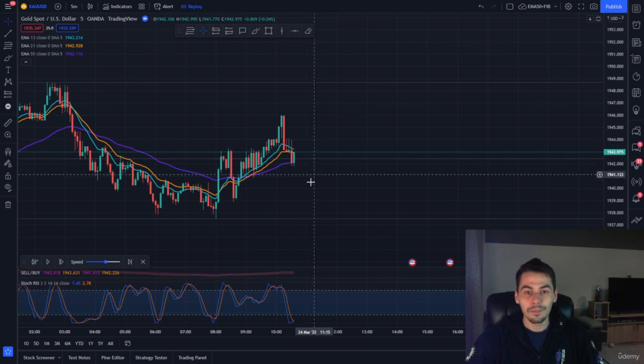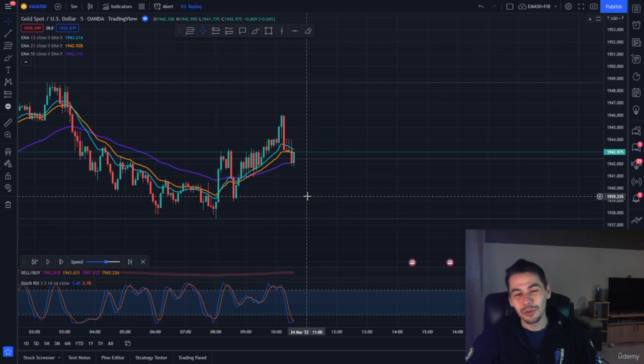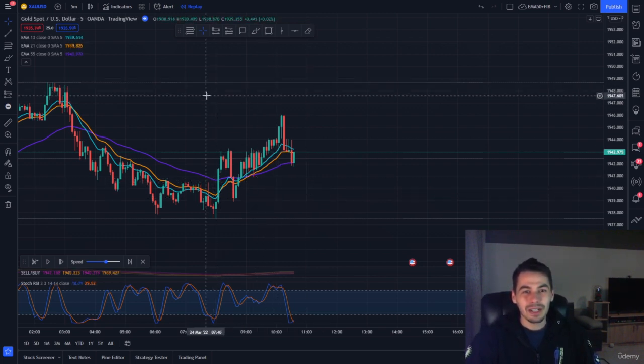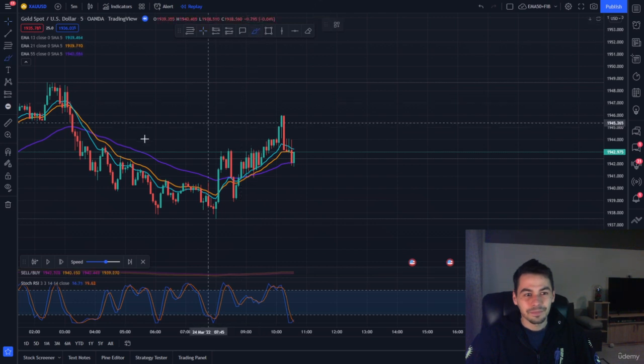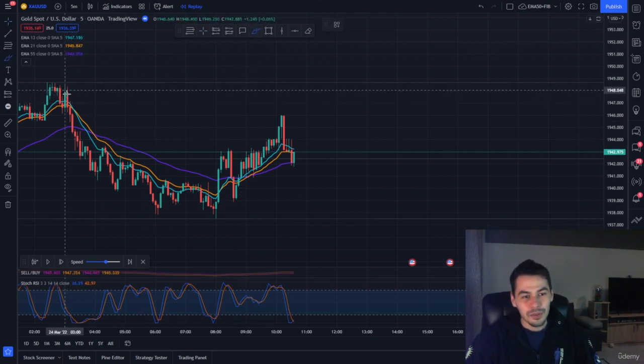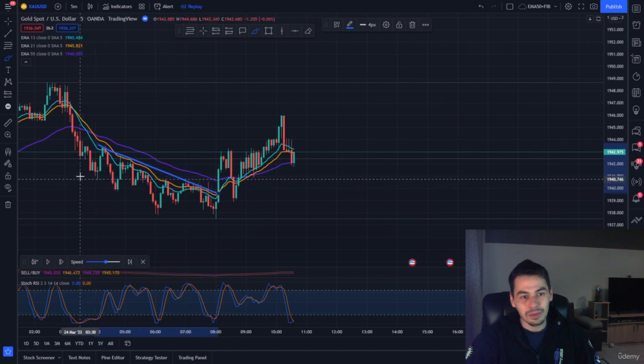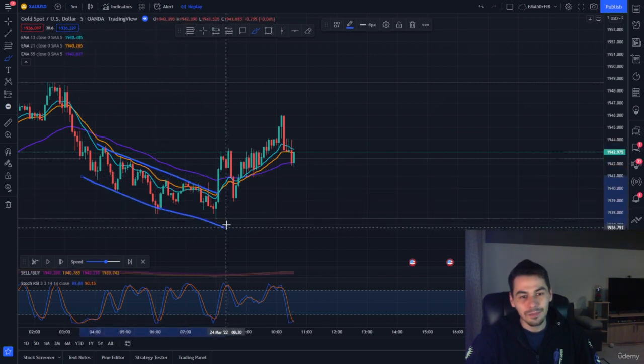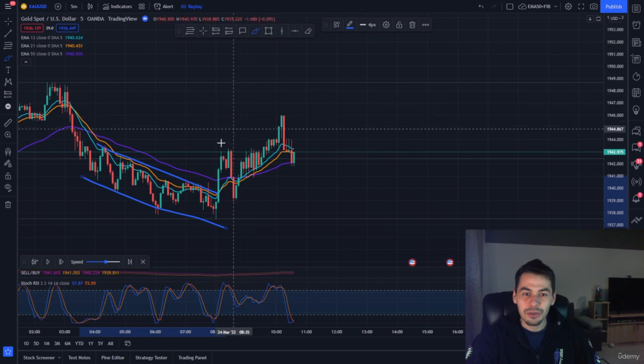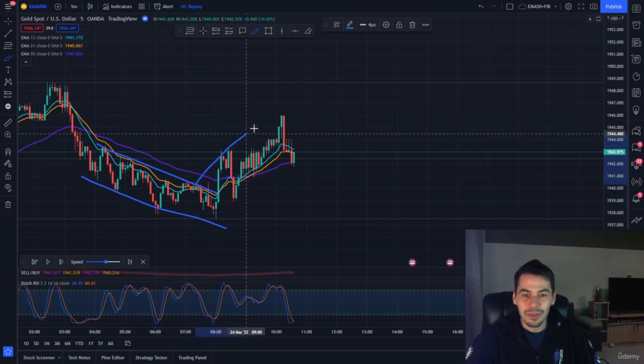Okay, so again, if you said that you wouldn't buy here, you were right, mostly because of the current market bias. As you can see, we had strong momentum to the downside, followed by a slowdown in momentum. Then we pushed to the upside, but how did we push to the upside?